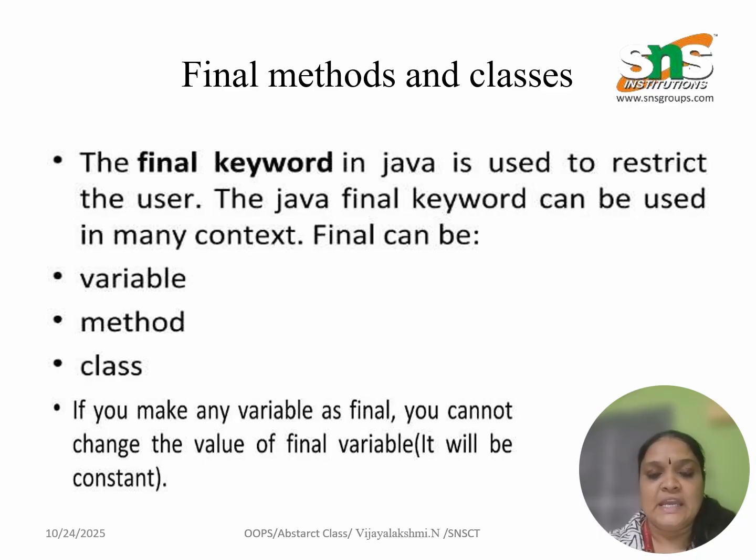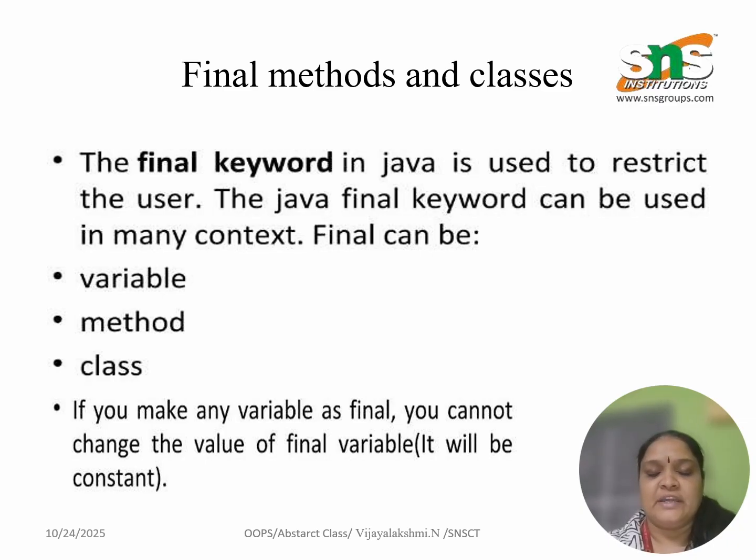So if you make any variable final, you cannot change the value of the variable, as we saw with the constant keyword in the C programming language. For the same purpose, the final keyword has been used in Java. So the value of that variable would not be changed throughout the program. It will be declared as the same value.